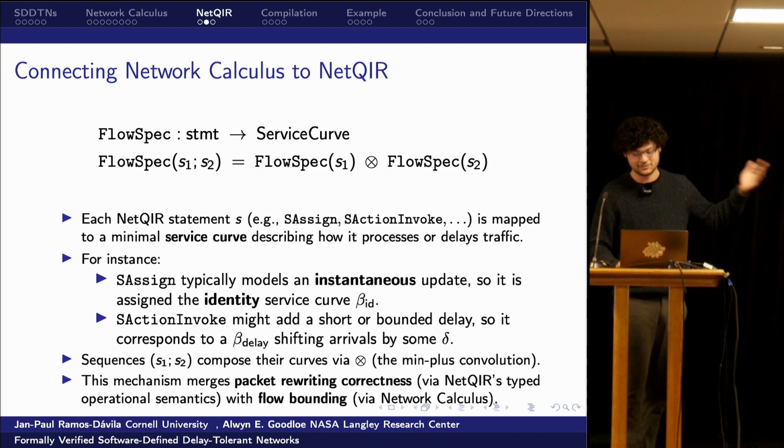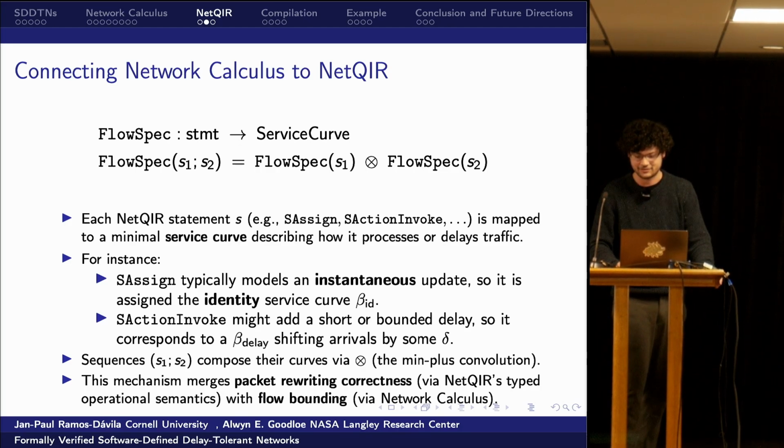The beta of t delayed is going to equal just the max of either 0 or the total amount of time minus the delay, 1 millisecond. So this is implemented then in the composition rule. For the composition of S1 and S2 in flowspec, we have the simulation of the cascade composition in the network calculus.